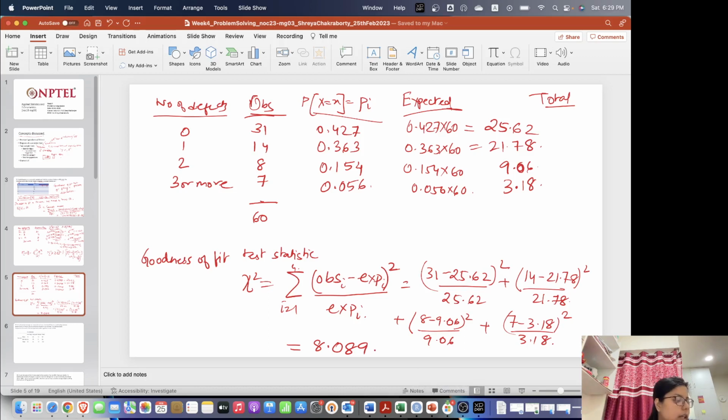Okay, so the calculation is such that chi-square value comes around to be 8.089. So now our H0 was x follows Poisson, and H1 was x does not follow Poisson. So this is the test statistic, the observed value.